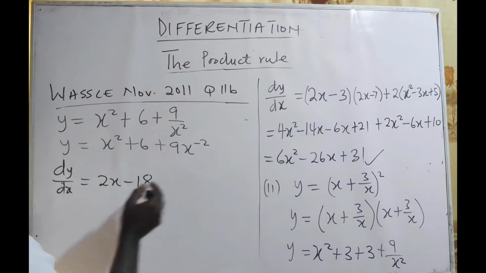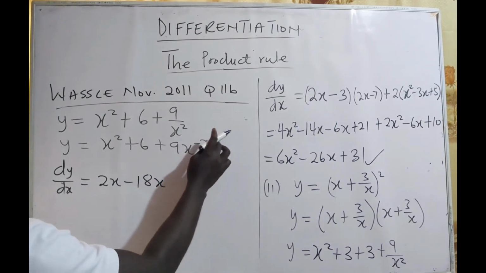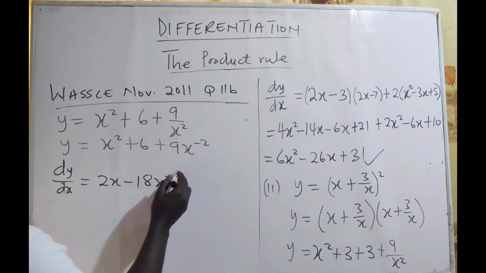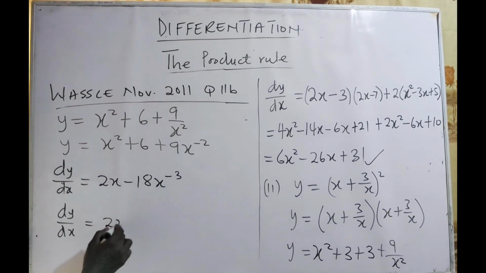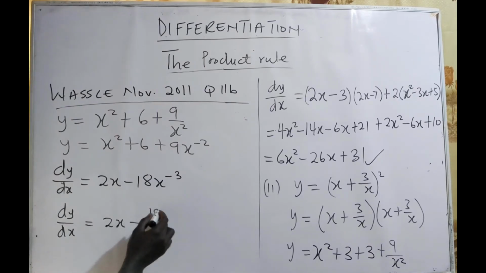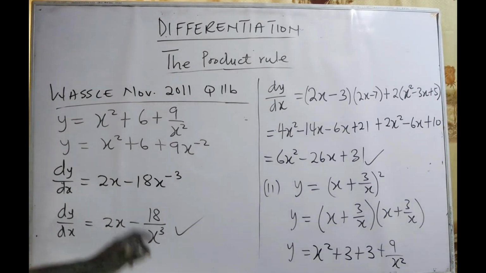And then s to the power negative 2, you subtract 1 from it to be negative 3. So my dy/dx is going to be 2s minus 18 over s cubed. So that is my dy/dx.